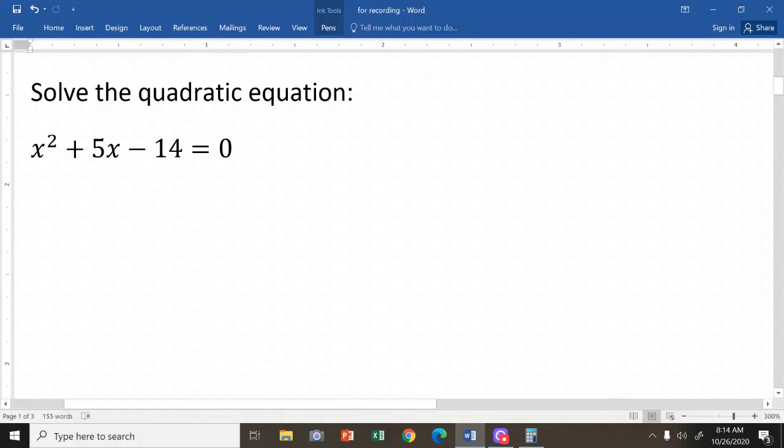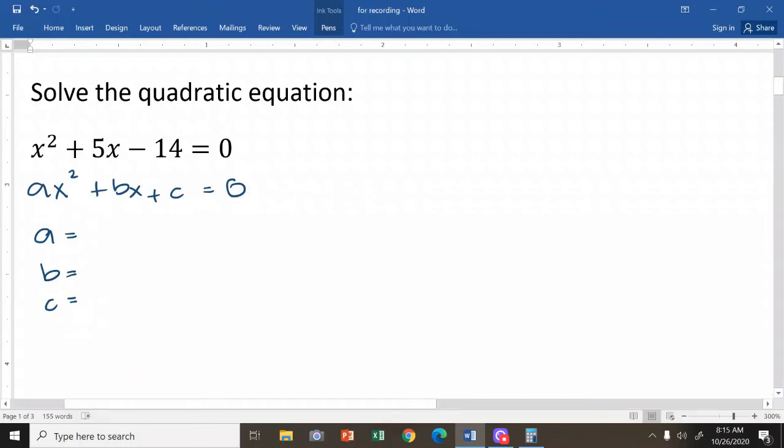Meron tayong x squared plus 5x minus 14 equals 0. Itong equation natin, naka-standard form na siya. Isusunod natin yung ax squared plus bx plus c equals 0, which is our standard form. Tingnan natin ano values ng a, b, and c.